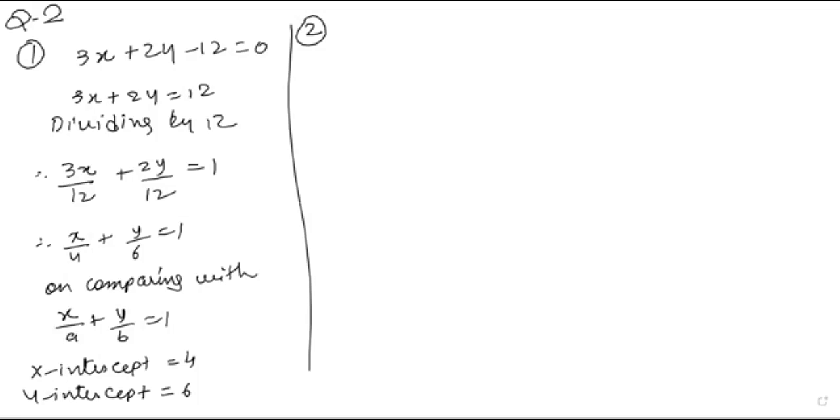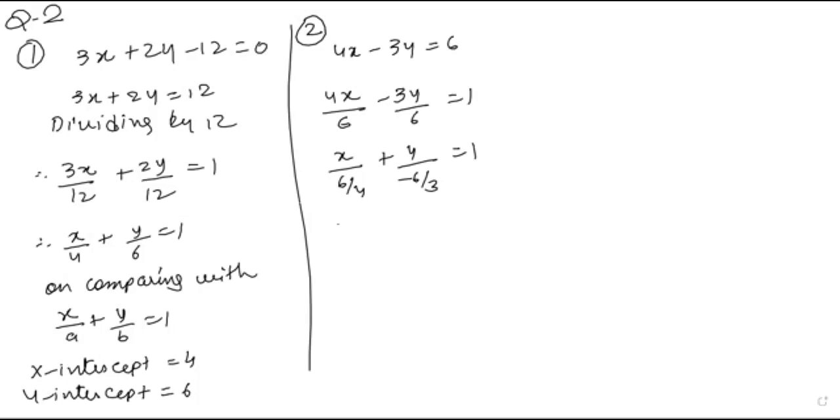If I move on to the second question, then the equation given is 4x minus 3y is equal to 6. So I will divide this equation by 6. So x will be 6 by 4 plus y upon minus 6 by 3 is equal to 1. So x by 3 by 2 plus y upon minus 2 is equal to 1.